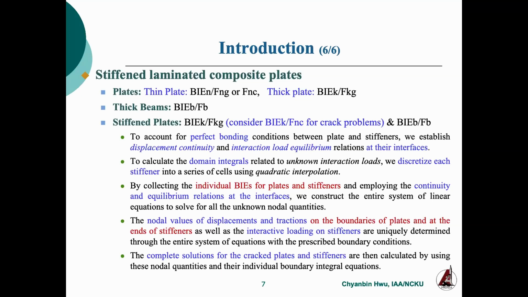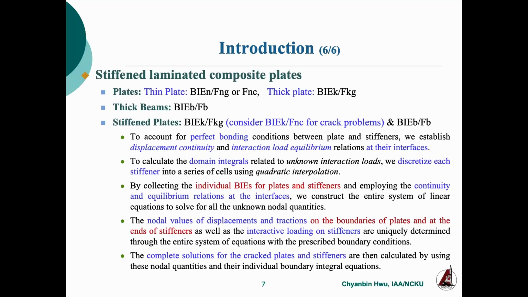This is required for their perfect bonding. Another thing we need to consider is the domain integral. Usually for the boundary element, we only consider the boundary integral, but because of the interaction between the beam and plate, this cannot be avoided. So for the domain integral, we need to consider that they are related to the unknown interaction load.